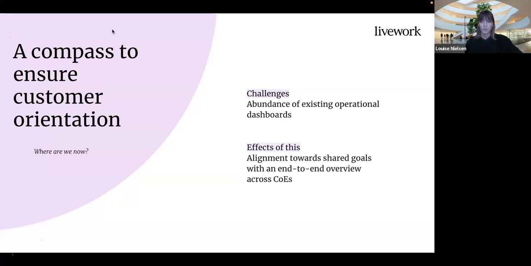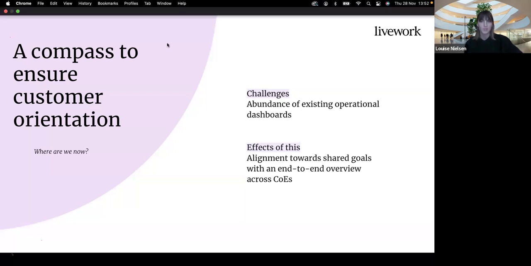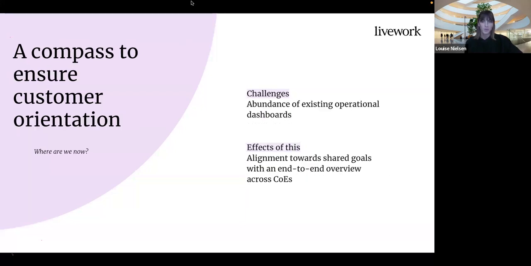But we need this end-to-end overview so we can move towards a common goal across these COEs, or silos, or areas, whatever you want to call them. We are not yet at a state where we have fully developed the dashboards. We are working on it.